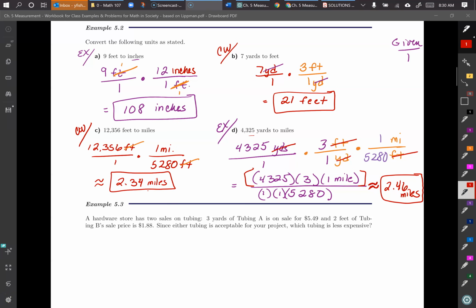Okay, so for this problem, when we divide out the 12,356 over 5,280, we actually get 2.34011515. It repeats, but in general, just round to 2 places unless otherwise specified. Or based on the context, if it's a word problem, it makes sense sometimes to always round up or always round down.